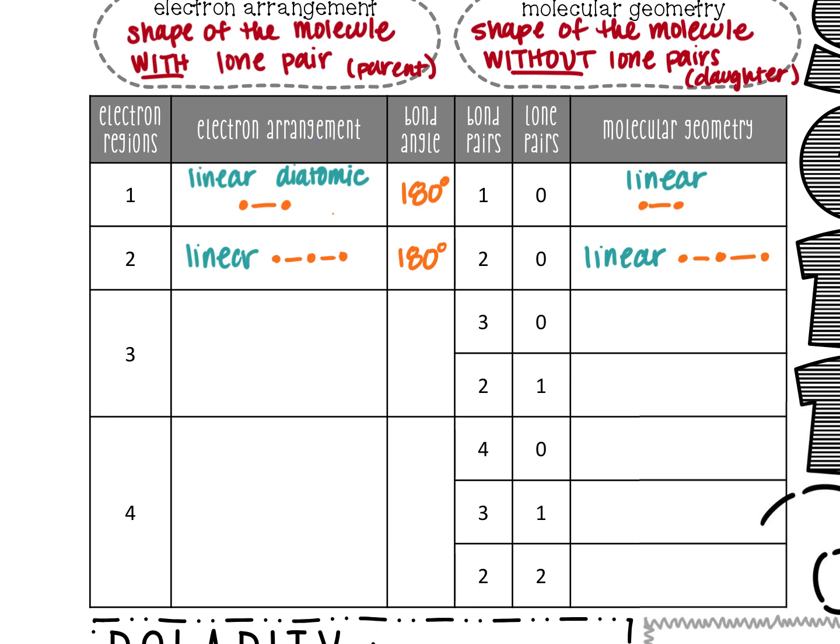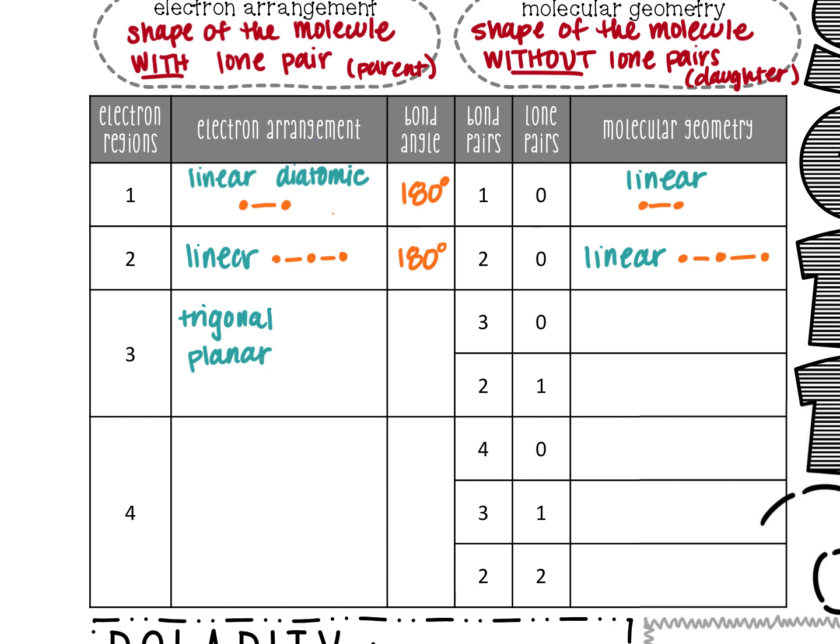Okay, our next one up that we have here, I have one central atom and three electron regions around it, or regions of electron density, if you want to use the fancy words. We call this one trigonal, like trigonometry, but this one exists very flat, so we say it is planar because it exists all on one plane.